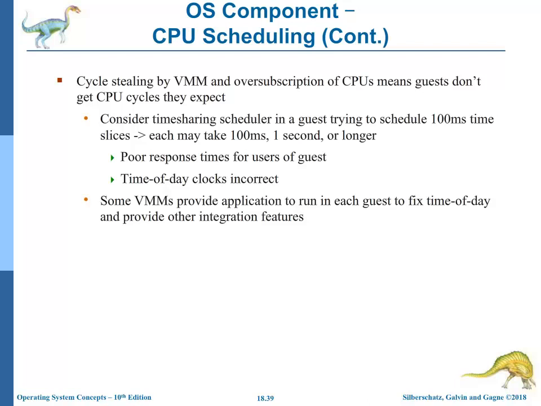Within a virtual machine, this operating system receives only what CPU resources the virtualization system gives it. So a 100 millisecond time slice may take much more than 100 milliseconds of virtual CPU time. Depending on how busy the system is, the time slice may take a second or even more, resulting in very poor response time for users logged into that virtual machine.